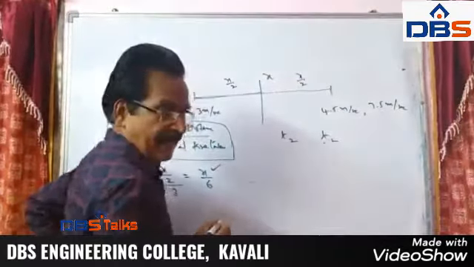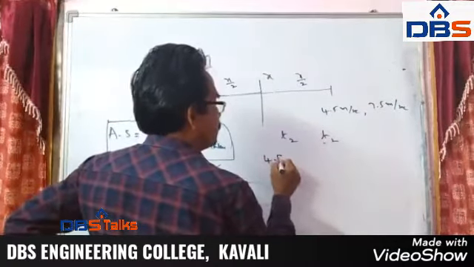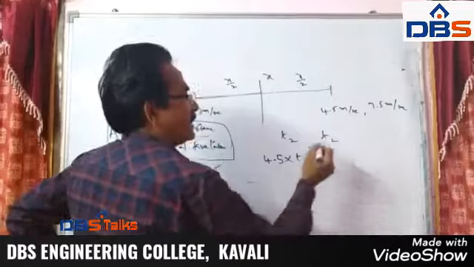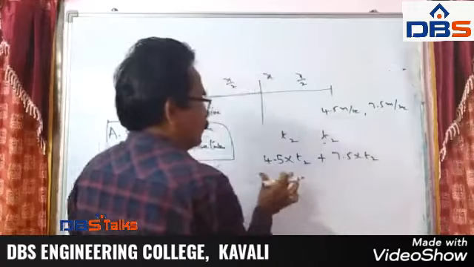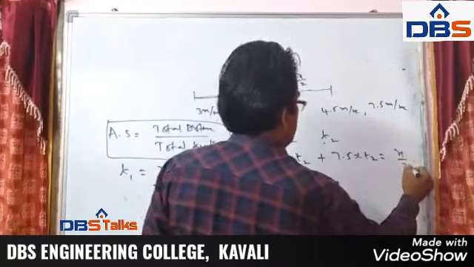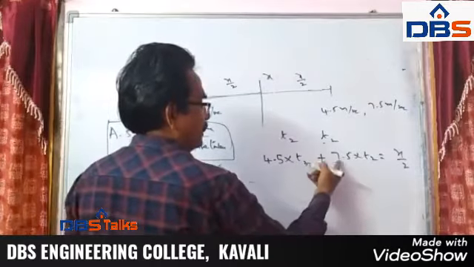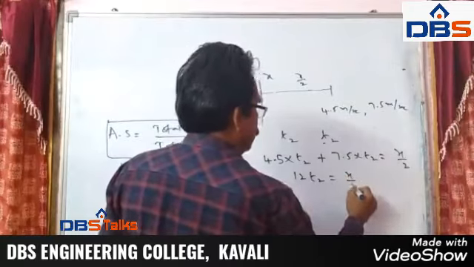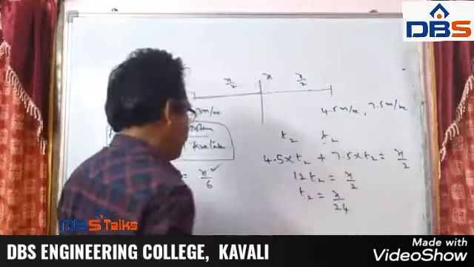So 4.5 into T2, velocity into time, plus again velocity into time, 7.5 into T2. Distance plus distance is the total distance x by 2. So 4.5 T2 plus 7.5 T2 is 12 T2, and 12 T2 is equal to x by 2. So T2 is equal to x by 24.